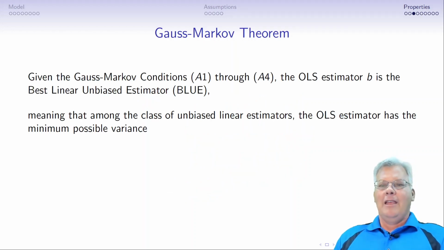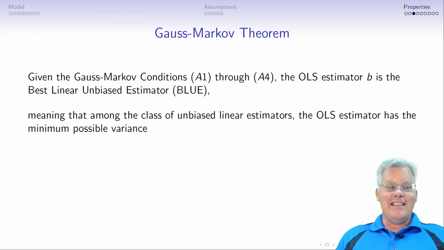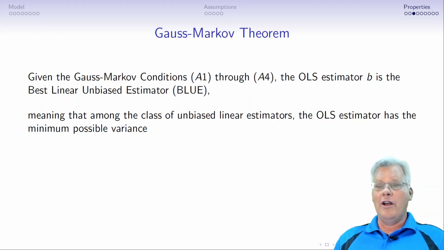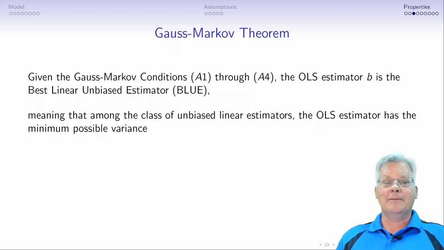Okay. The Gauss-Markov theorem. So this is the fantastic result. Given the Gauss-Markov conditions A1 through A4, the OLS estimator B is the best linear unbiased estimator, or BLUE.